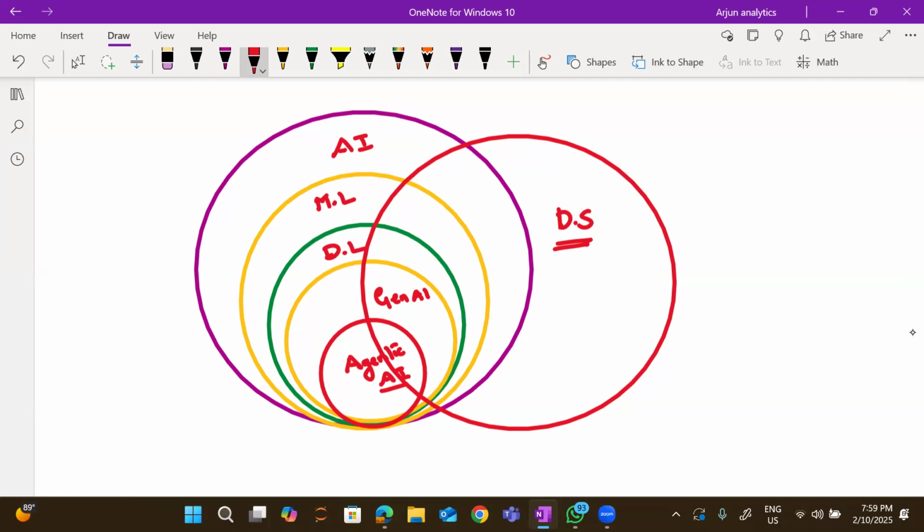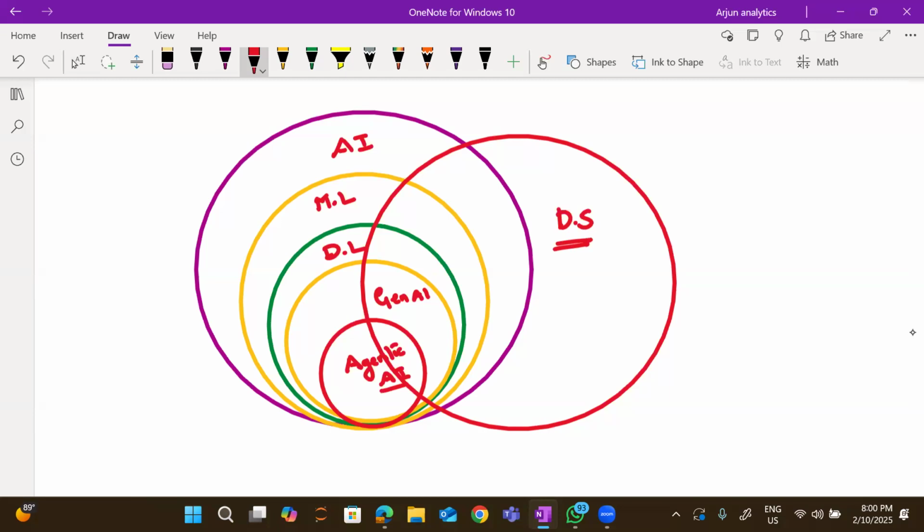We know now AI and data science. What is ML? ML is machine learning, in which you create a machine in such a way that it can learn by itself.